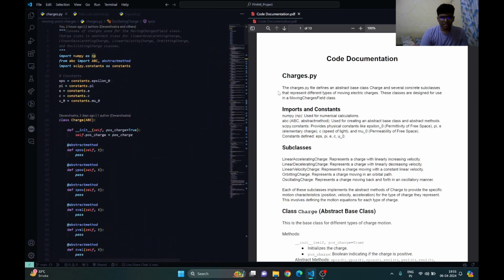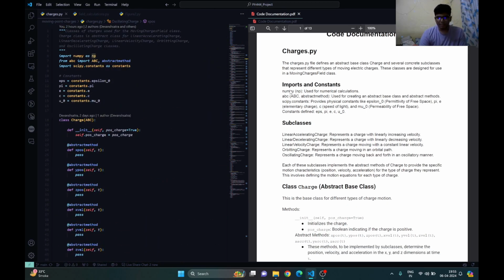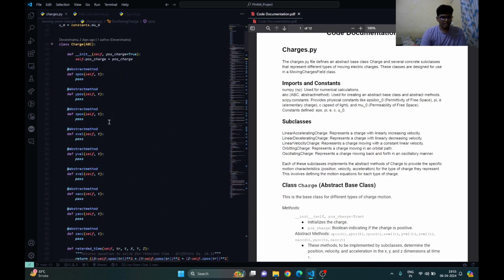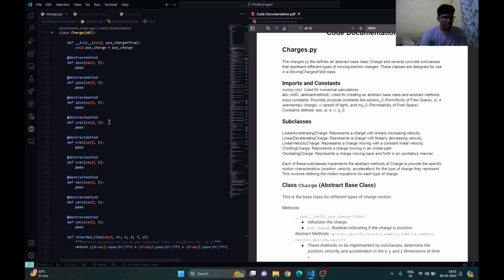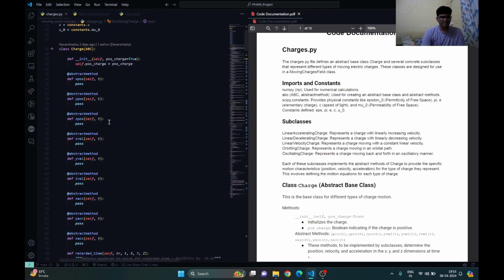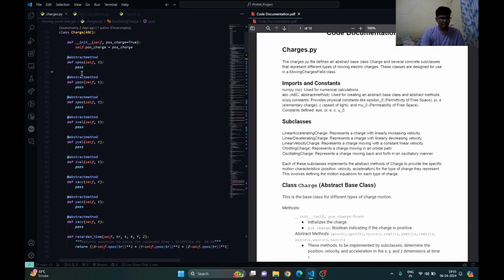So firstly, charges.py. In this Python file, first we define a class named Charge, which is an abstract class where the kinematics of the charge is defined.